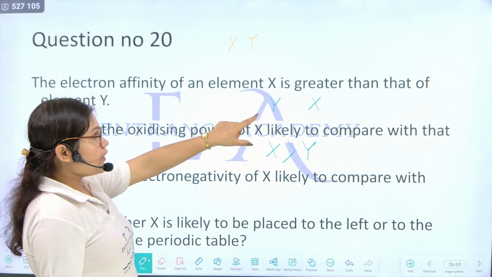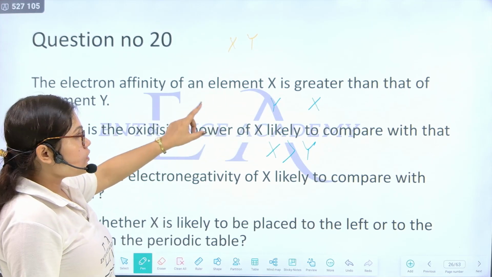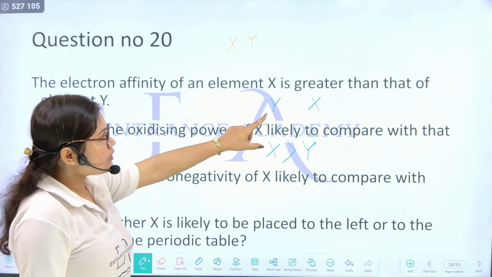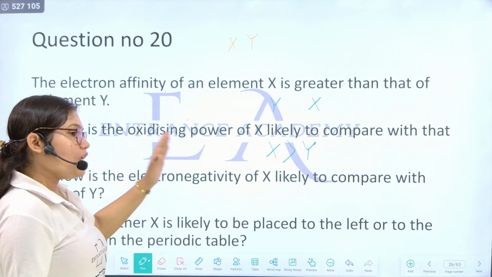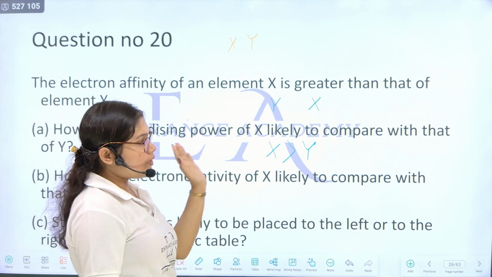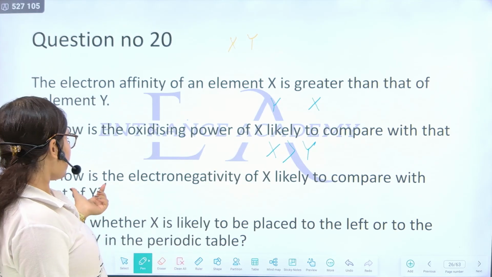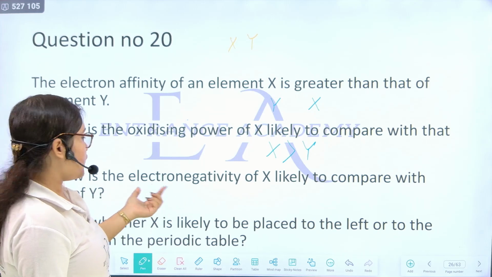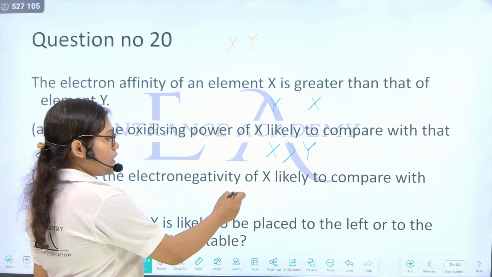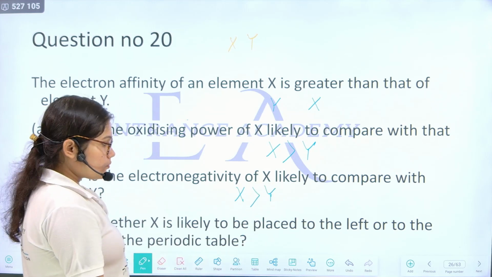Electronegativity increases from left to right, so X is more electronegative than Y.